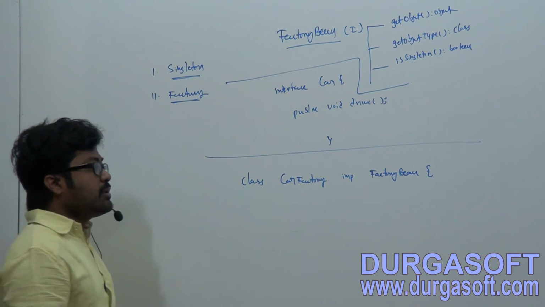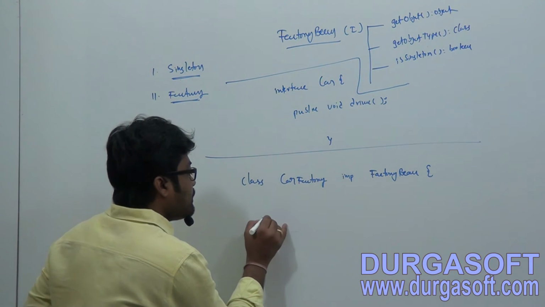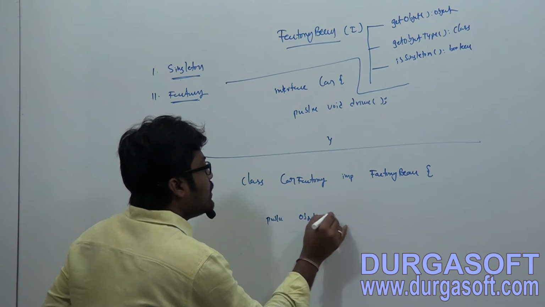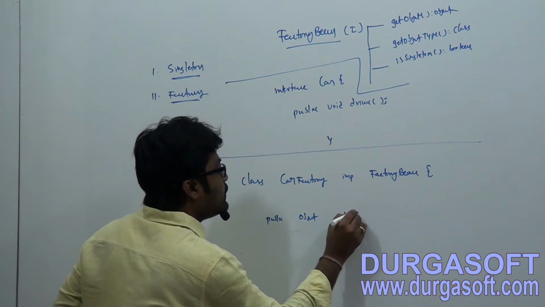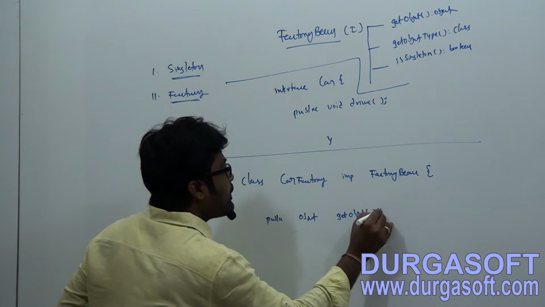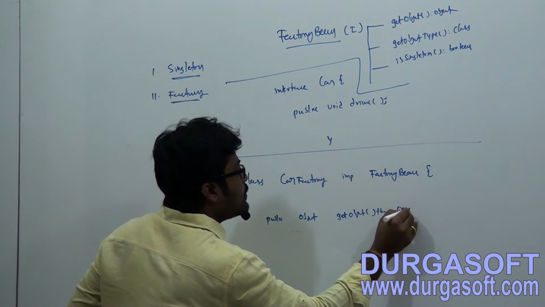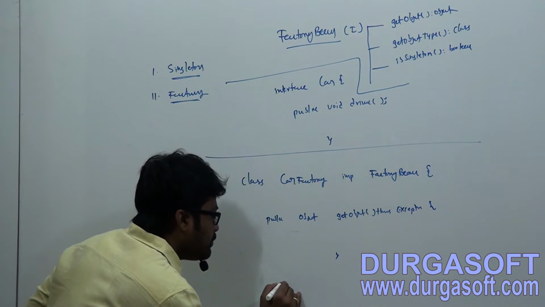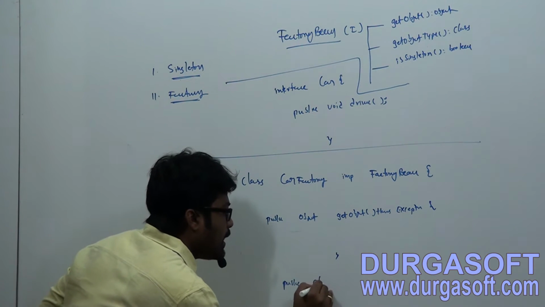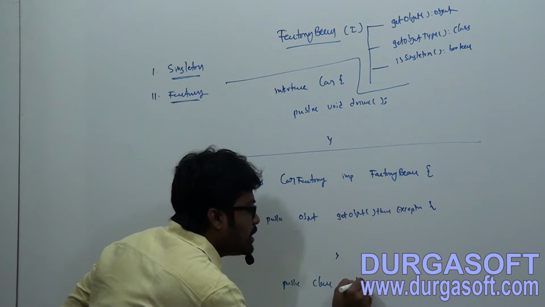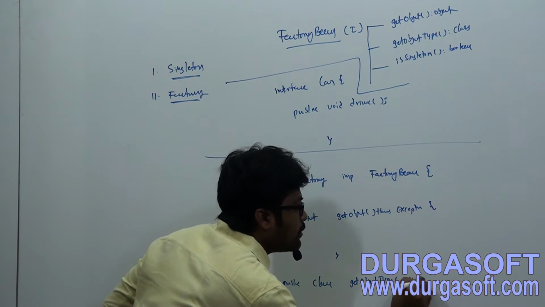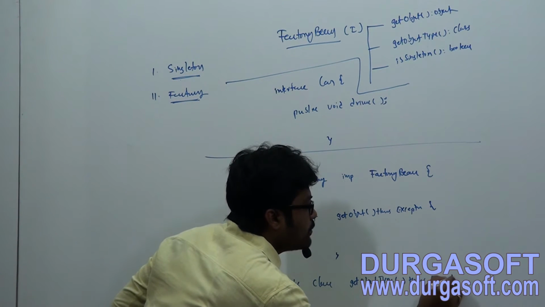But in this case, you need to implement three methods. public Object getObject() throws Exception is one method, and another is public Class getObjectType() throws Exception.